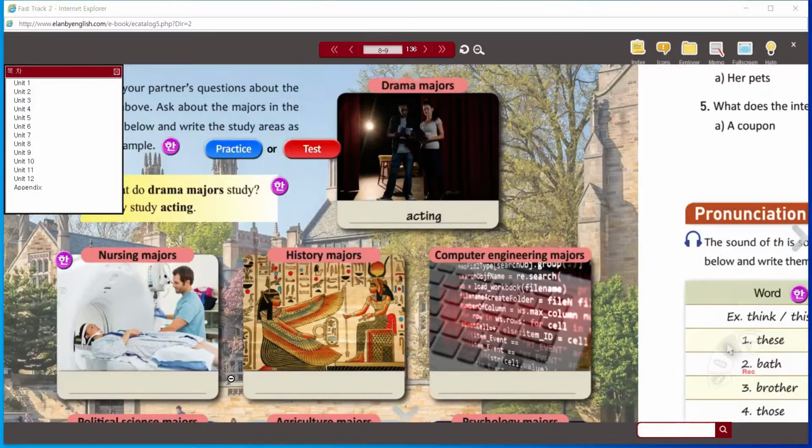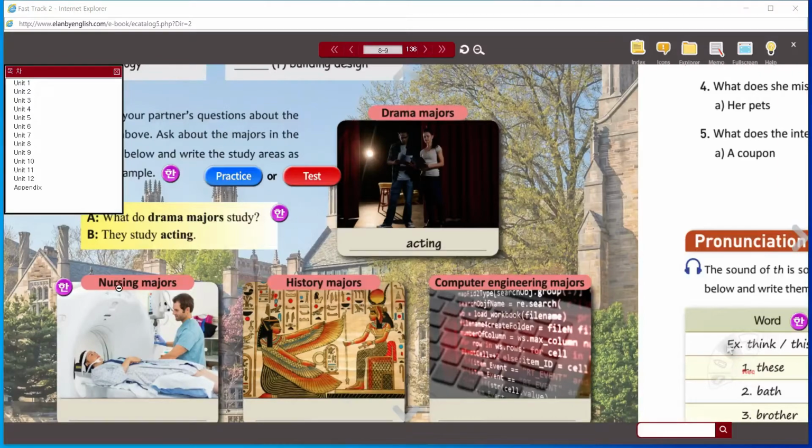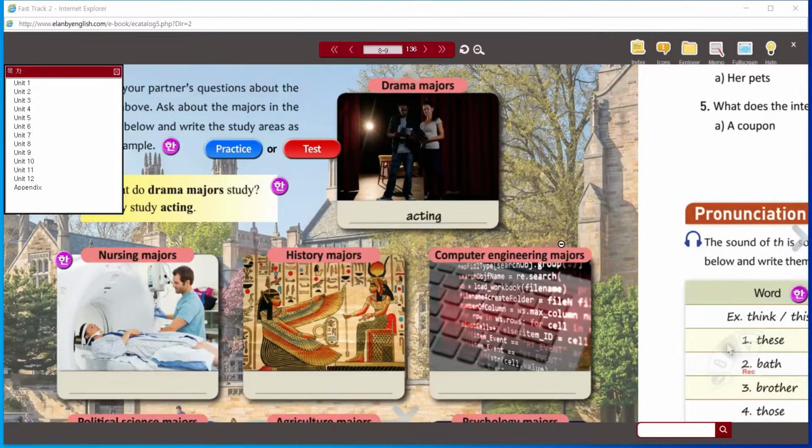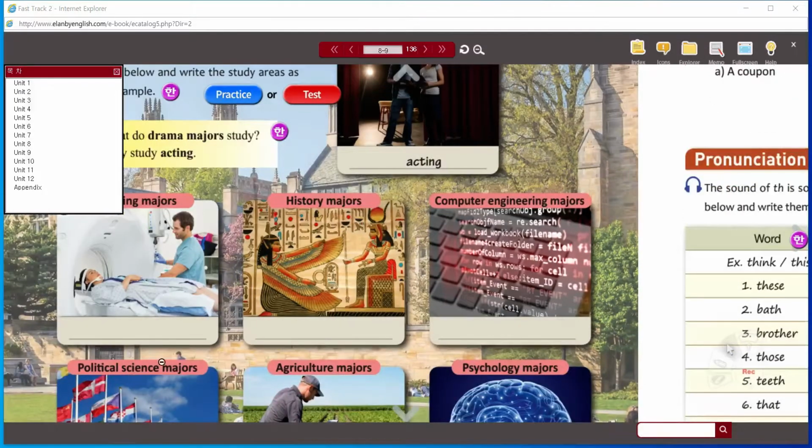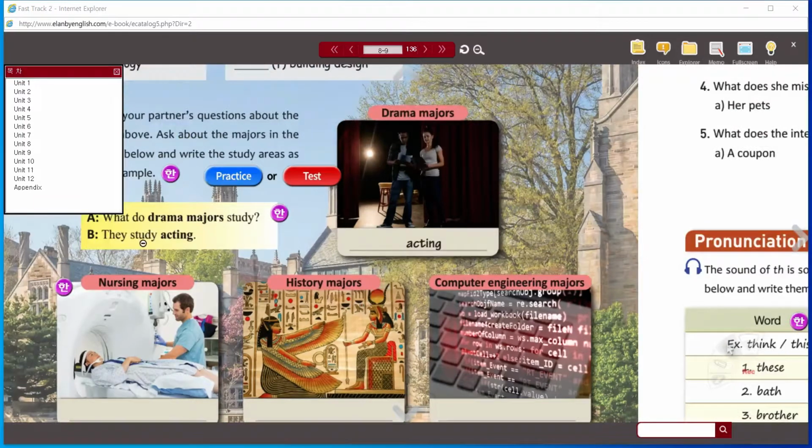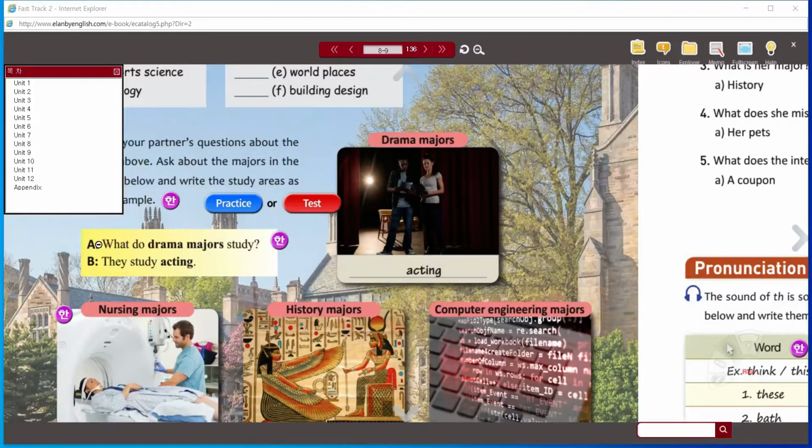You're going to ask questions about nursing majors, history majors, computer engineering majors, political science majors, agriculture majors, and psychology majors. And you're going to ask the question here. Answers are given by your partner, and your partner has the answers on page 100.